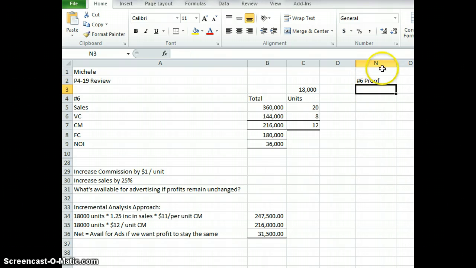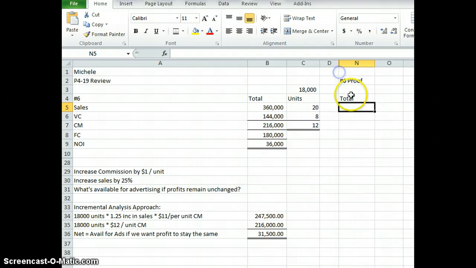So again, I think what the problem is saying is we're going to leave our units the same. So we're going to go total dollars, and I'm going to actually shrink this to show more of the screen, and we're going to go units, and we'll just copy our units over. I should have just copied this, sorry about that.